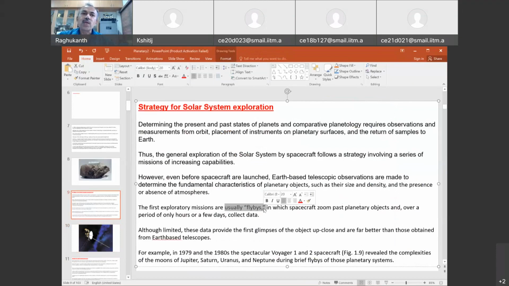That information is used, and they study it in a very rigorous fashion. This data is much better than Earth-based telescopes because the flyby goes very close to the planet, so it gives you more information. Voyager 1 and 2 were all flybys to study these planetary systems.